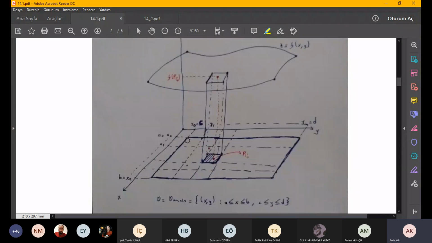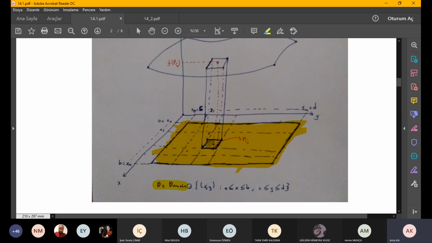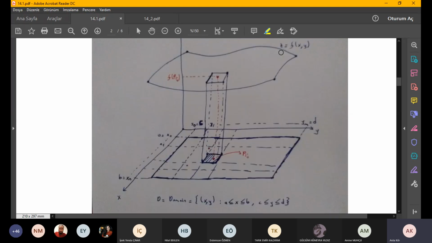So this is the domain of your integration. And now we try to find the volume under f(x,y) and above that domain D.